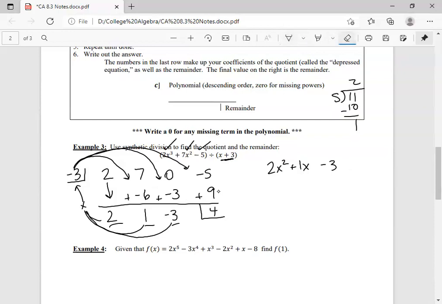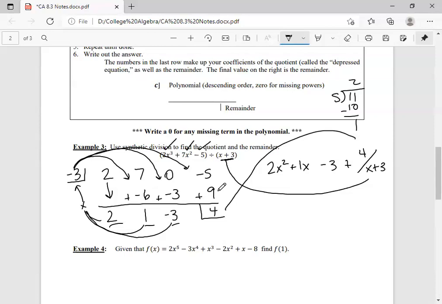We have a remainder, so we have to include that, plus the 4. The remainder goes on the top. What we were dividing by goes on the bottom. So it looks like 4 over x plus 3. If they ask you to write the answer, that's what the answer looks like. If they just ask you for the remainder, you're going to say 4, right?